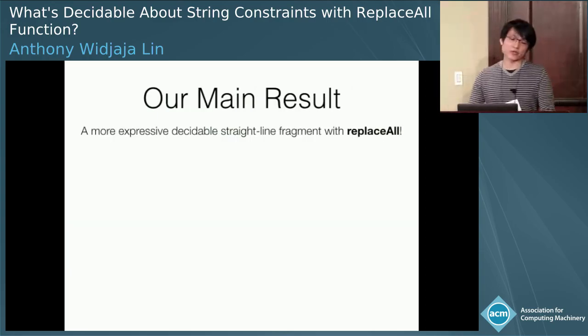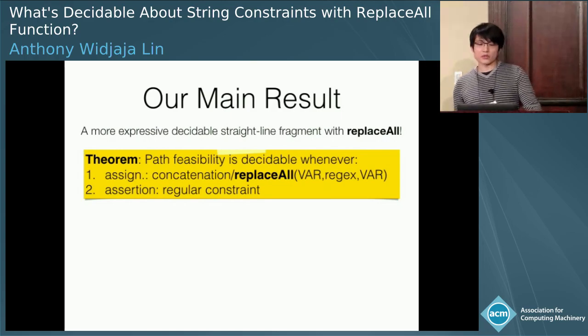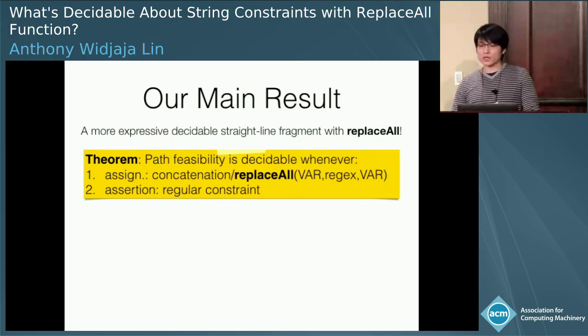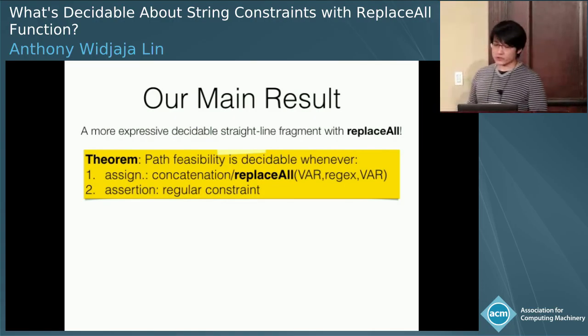Okay, so our main result here is that we have a more expressive decidable straight line fragment with replace all that addresses the limitation that I mentioned on the previous slide. So more precisely, we show that path feasibility is still decidable, even when we use the more general usage of replace all, where the pattern is a regular expression and the replacement string is a variable.